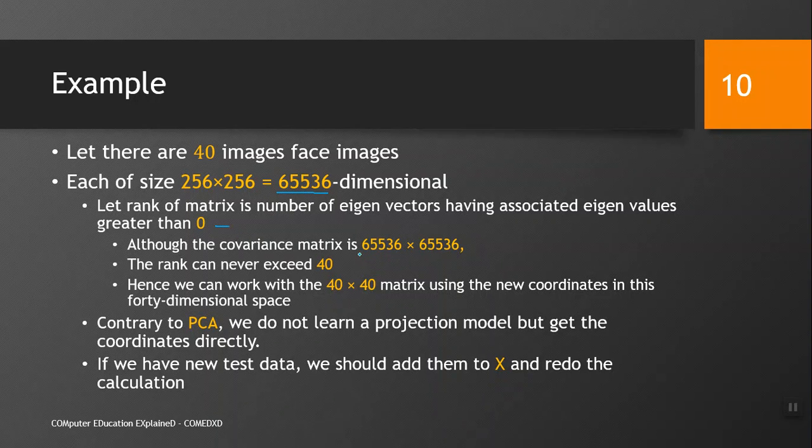So the covariance matrix would be of size D by D, which is this much higher. The rank can never exceed 40, because we will have this for the first image, we will have this for the second image, and up to 40 we will reach. The rest of the things would be discarded, as we have seen in the previous slide.